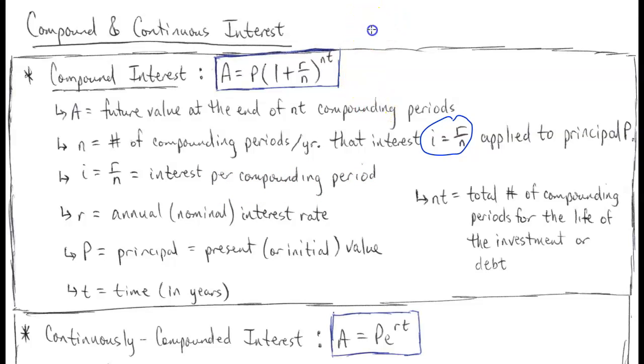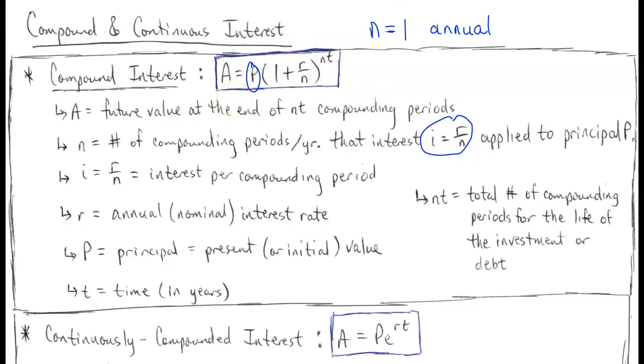For example, if N is equal to 1, then we are compounding the interest that's being earned on this initial amount one time a year.